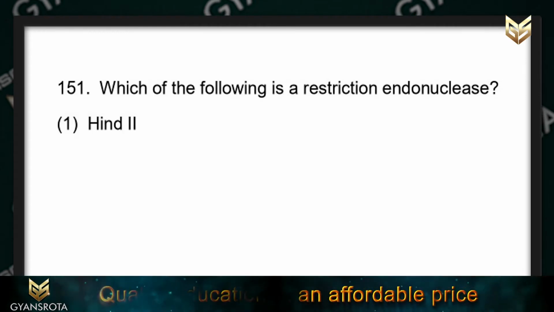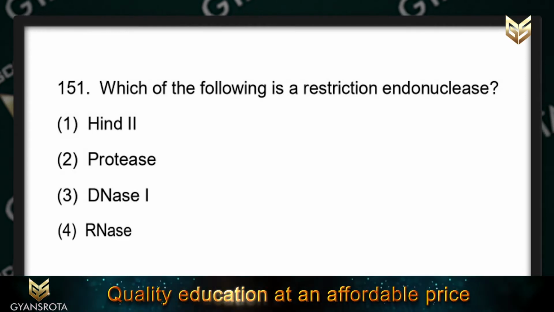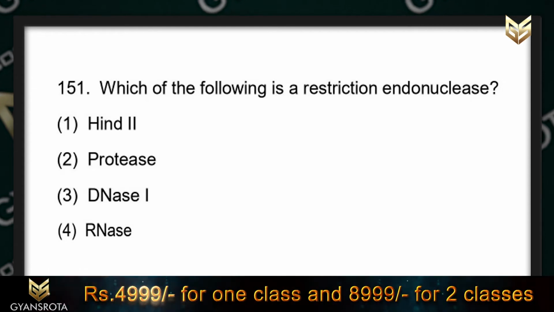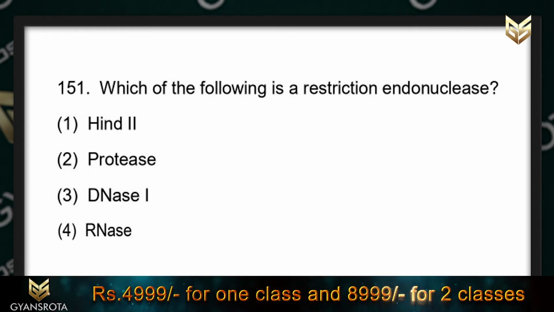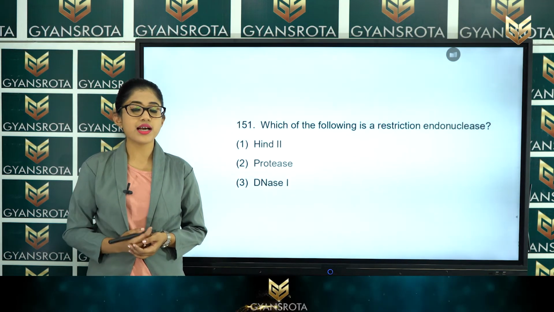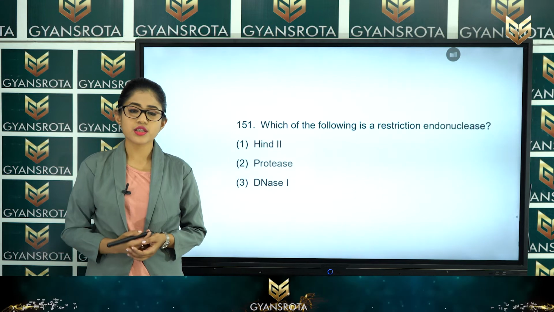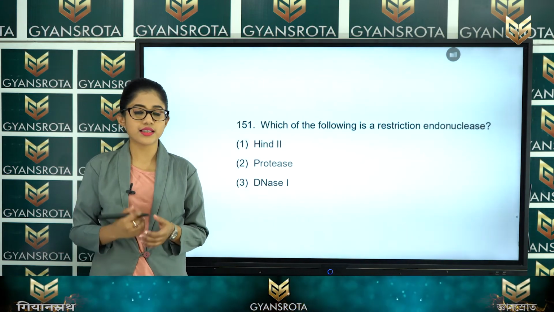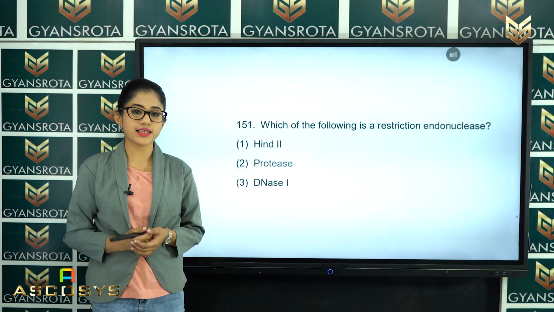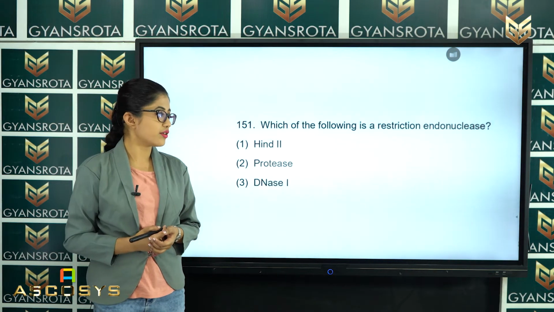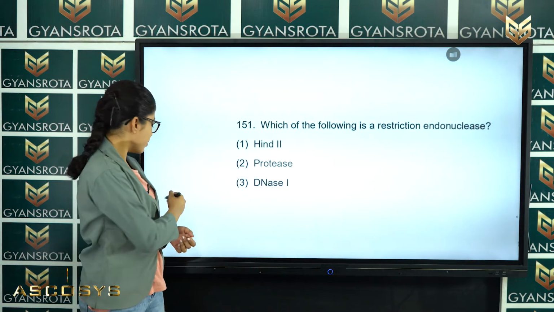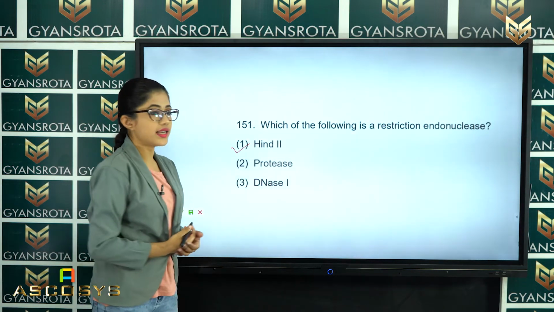Which of the following is a restriction endonuclease? Hind II, Protease, DNase I or RNase. These questions are from the chapter Biotechnology: Principles and Processes. While discussing the rDNA technology, we have discussed the enzymes which are necessary for the technique. The restriction endonuclease that we have discussed there was option number 1, that is Hind II.